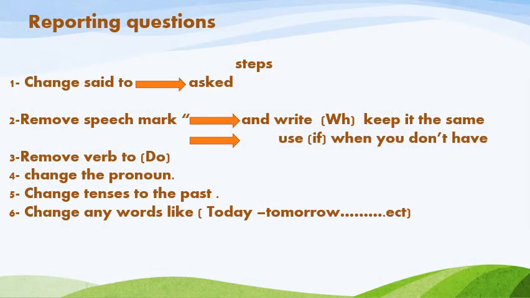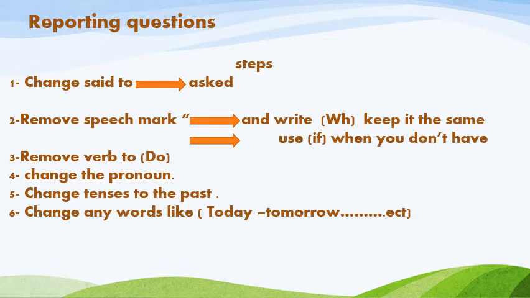Let's talk about how to report questions. There are also a number of steps that must be followed to transfer questions from direct into indirect. I have to change the saying verb "said to" to "asked," and if you have "said," it is also supposed to be "asked."